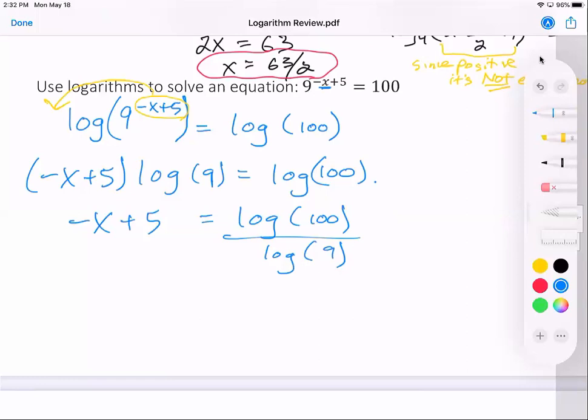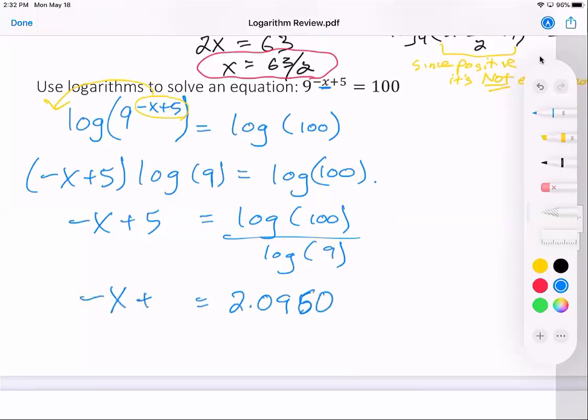Divided by log 9 is 2.0956. Let me get that: 2.095, and that rounds like that.